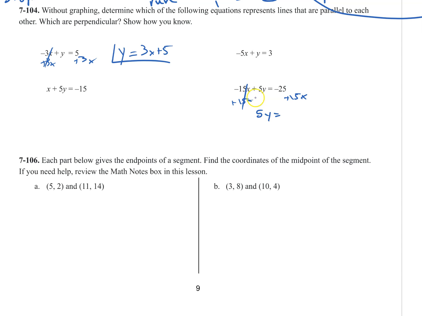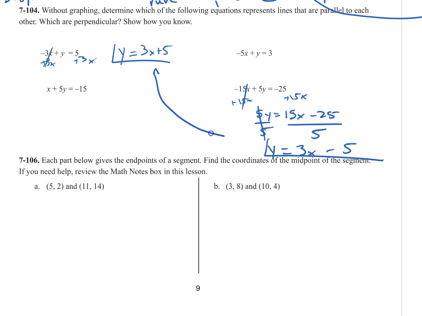It's 5y. So for this one, take away the 15x. You want to add 15x to both sides. Sorry, add 15x. So that is 5y equals positive 15x minus 25. Then divide both sides by 5. Y equals 15 divided by 5 is 3, so that's 3x minus 25 divided by 5 is 5.